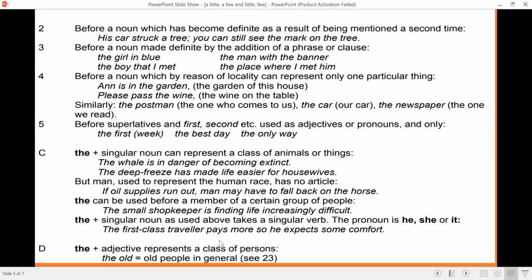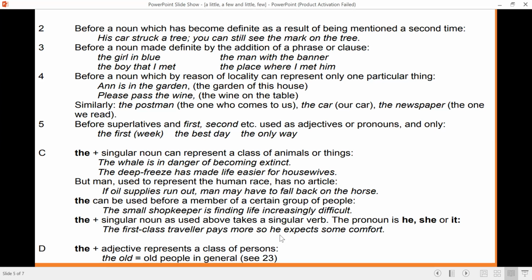For example, the first class traveler pays more, so he expects some comfort. All right. So when you use the plus singular noun, it will take a singular verb like this. For example, the first class traveler pays. Of course, this first class traveler shows the whole class of traveler. Here you will not say the first class traveler pay, you will say pays, because it will be considered as a singular noun here.